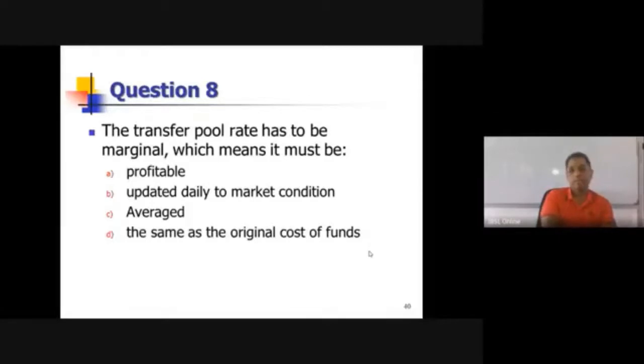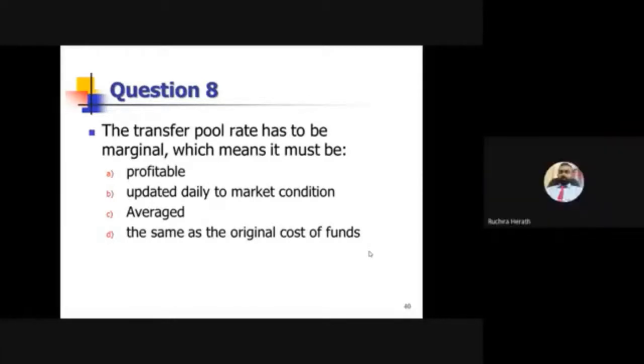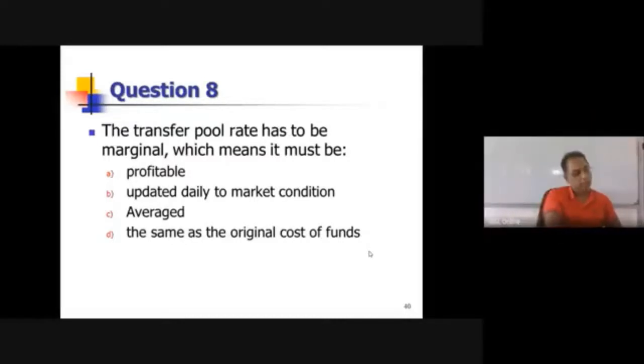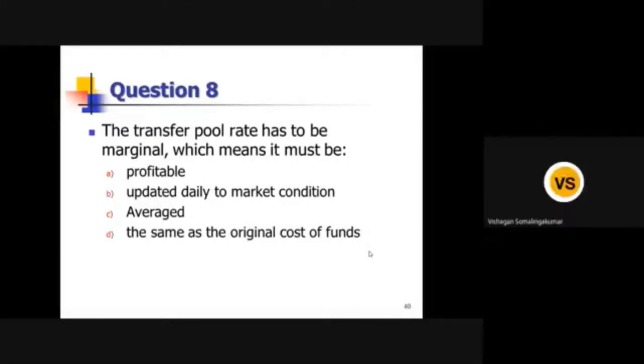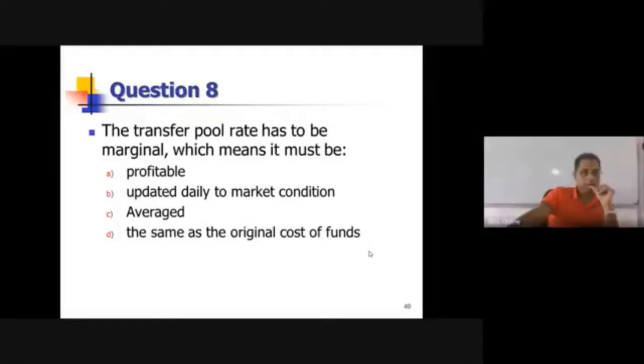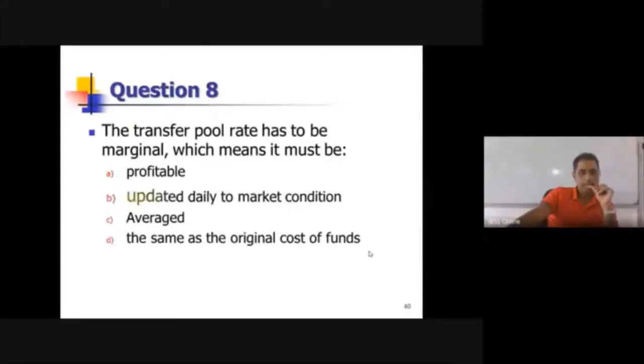Which is it? B. B, okay. Anybody else? Profitable? Profitable, okay. Anybody else? Okay, let's see. Updated.